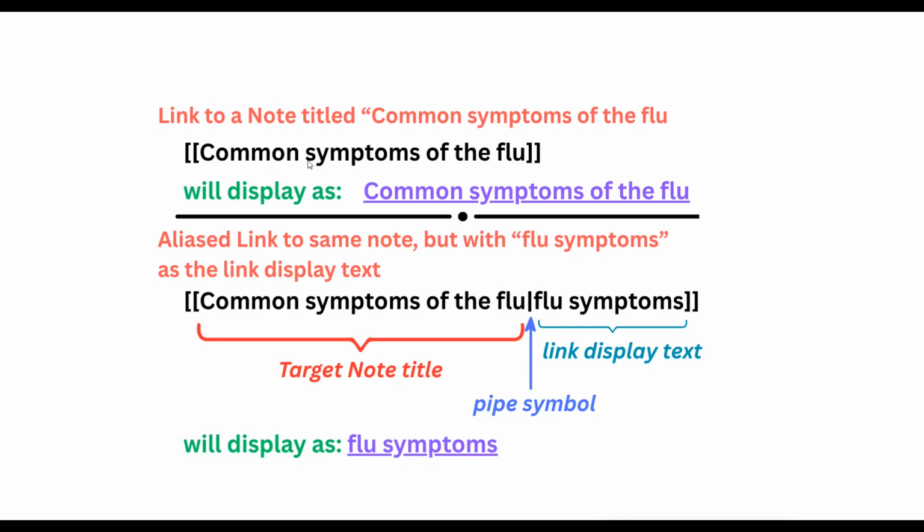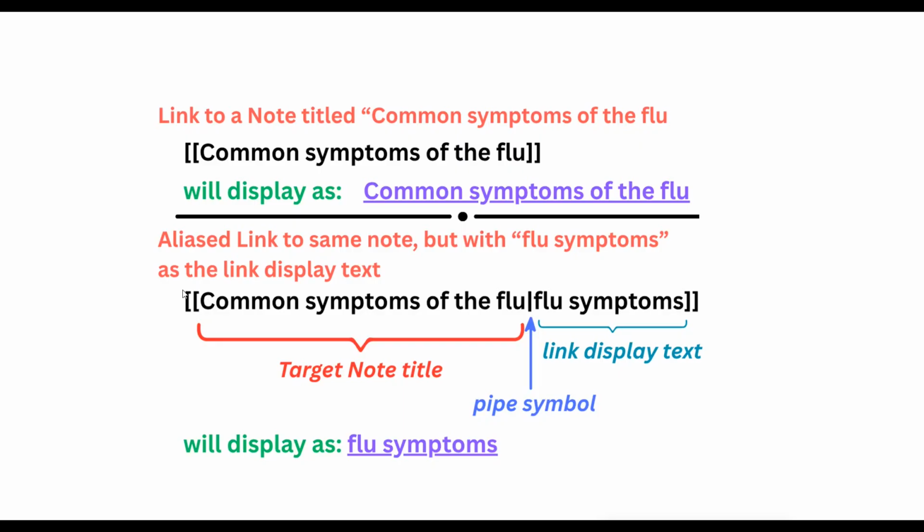Obsidian would give me a list of all the files in my vault. I select the file that I want to link to, and Obsidian puts the title of that file as the text for the link. So when the link is created, it would look like this. The exact title of that note, Common Symptoms of the Flu, is what it puts as the text for the link. If I want different text displayed, other than the note's title, we use the aliased link.